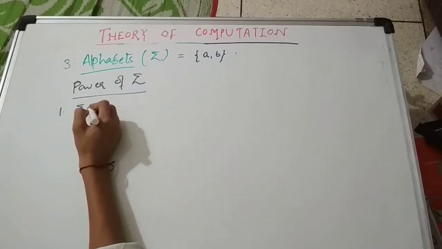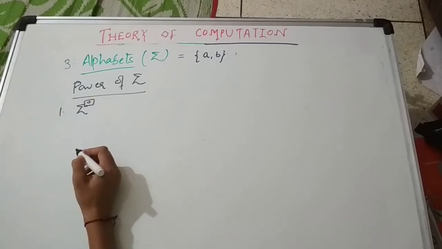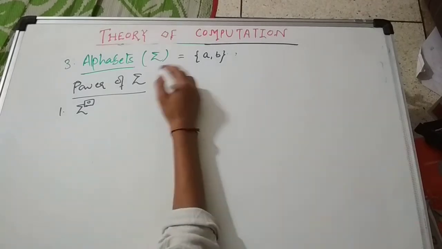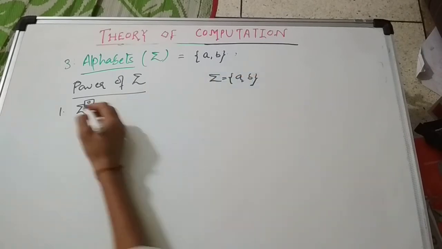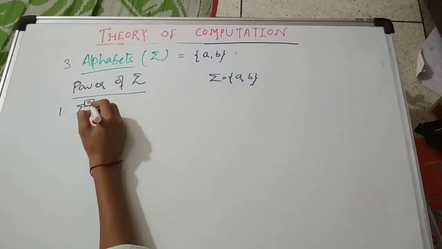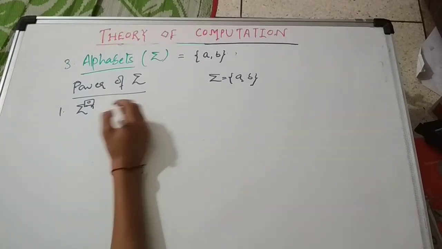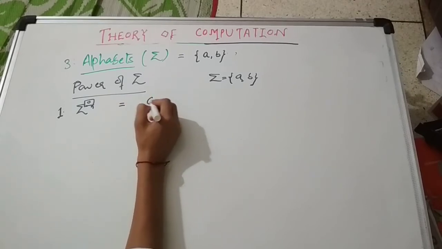First one, sigma power 0. Whatever power we have here represents the length of the strings using that alphabet. Just imagine we have sigma equal to a comma b. Sigma power 0 represents the set of all strings that have 0 symbols. We represent that with epsilon.